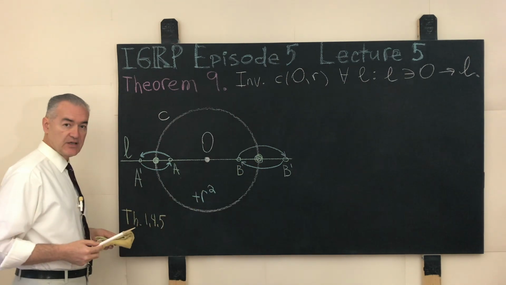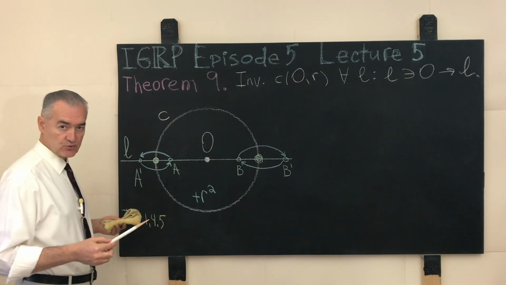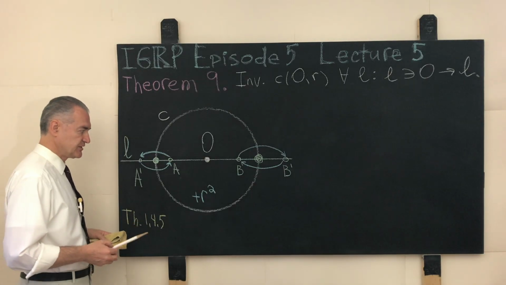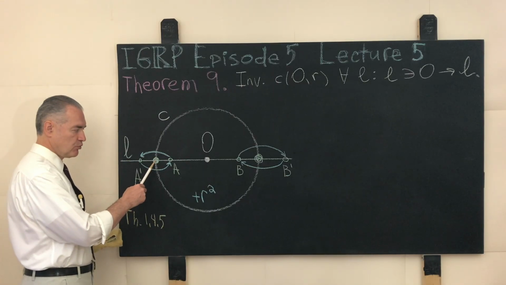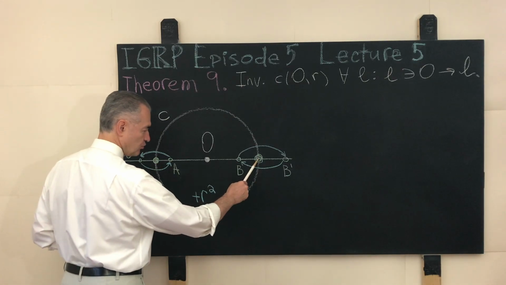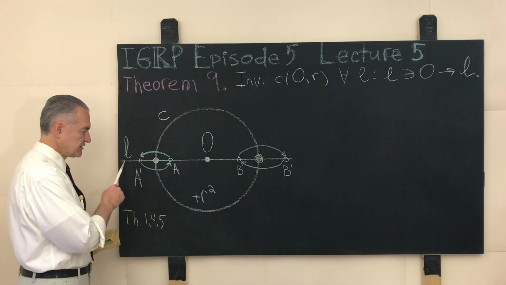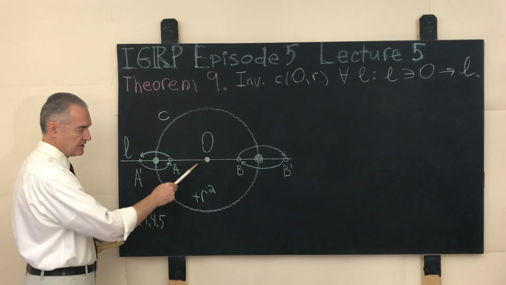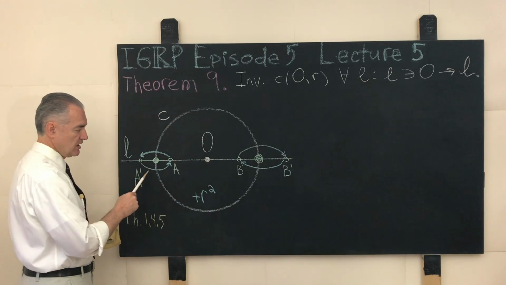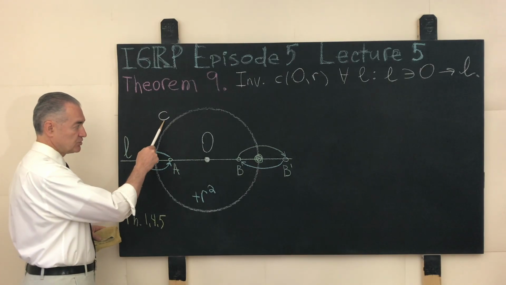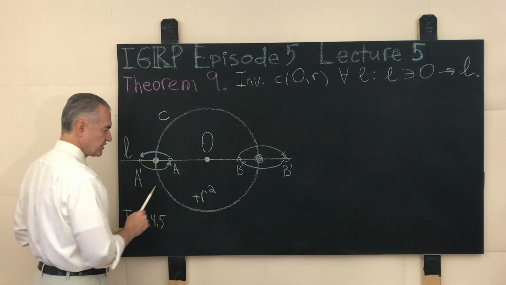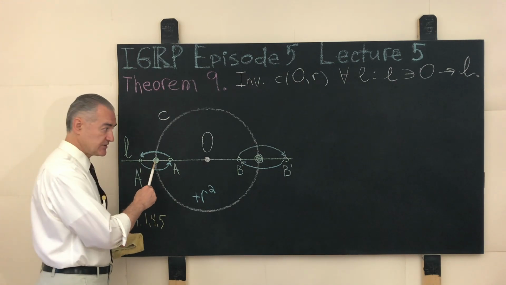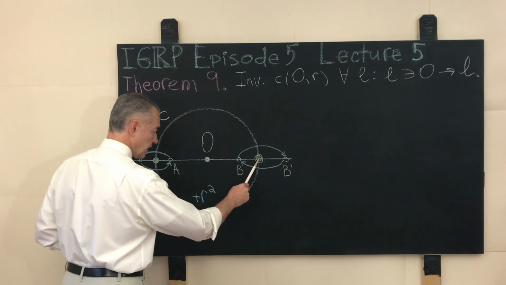I did not give any specific names to these points in order to avoid clutter and keep the number of symbols to a minimum, but we all understand that, for example, this could be point X, this could be point Y, and the distance from the point O to the point X will be exactly the same as the distance from the point O to the point Y.